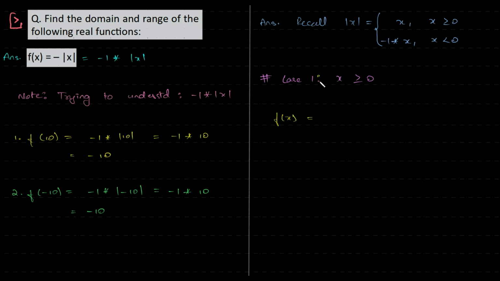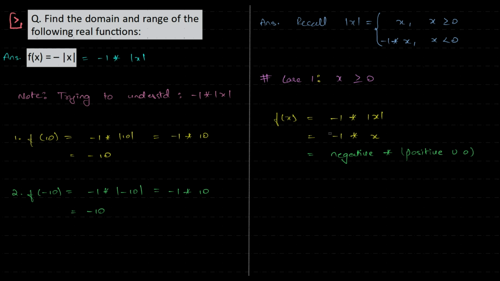Consider that we are just looking at positive values. Minus 1, and the modulus of x becomes x. And so we have a negative number being multiplied with positive or 0.